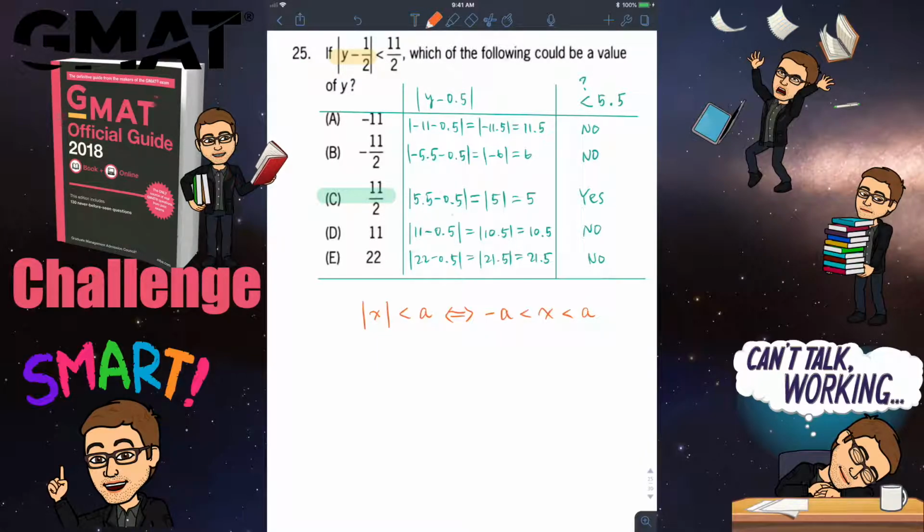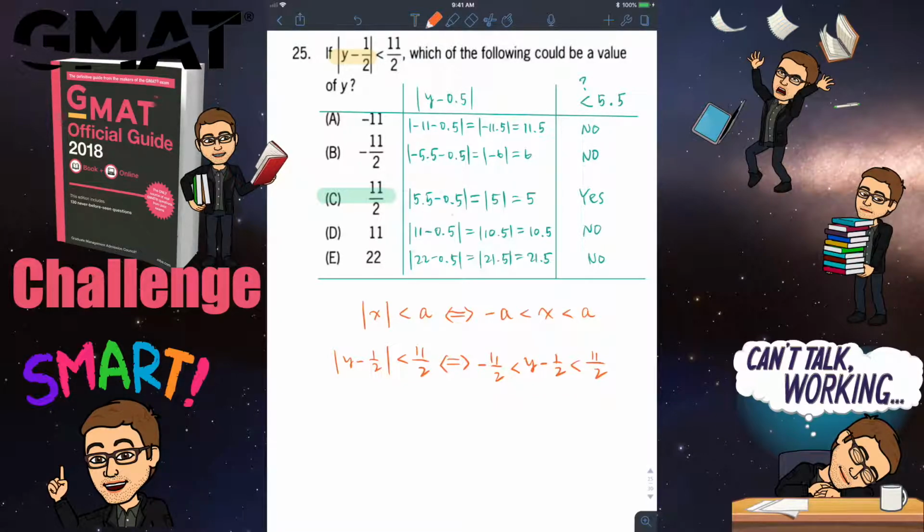Putting this into our question, what we're going to have here is absolute value of y minus 1/2 less than 11 over 2. Applying this formula, it's basically saying this expression y minus 1/2 is between negative 11 over 2 and positive 11 over 2.